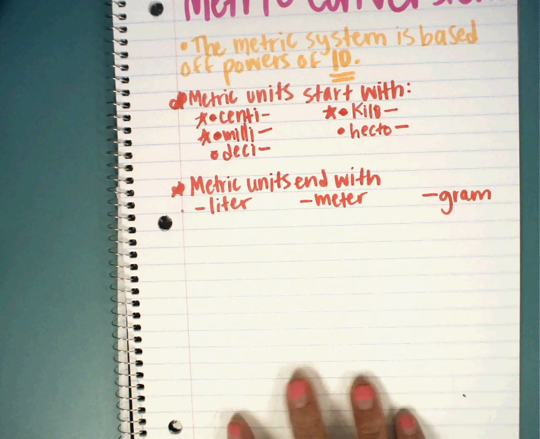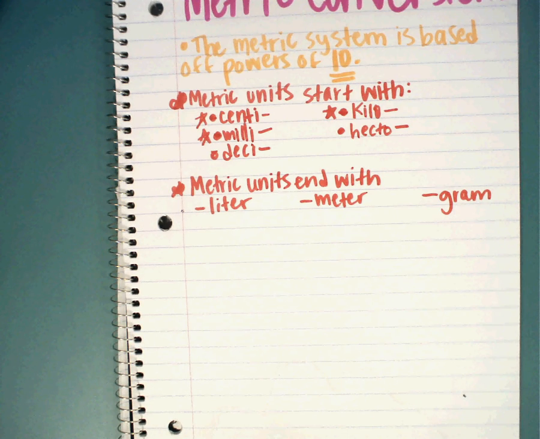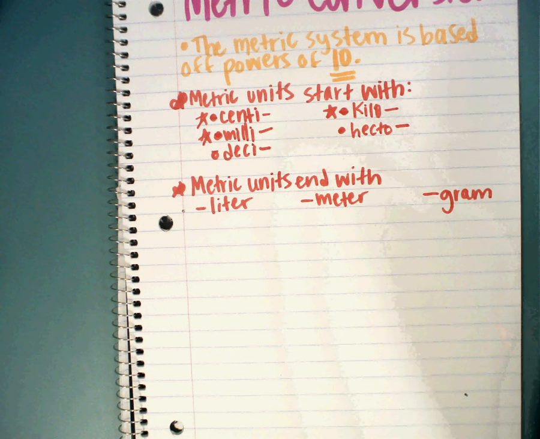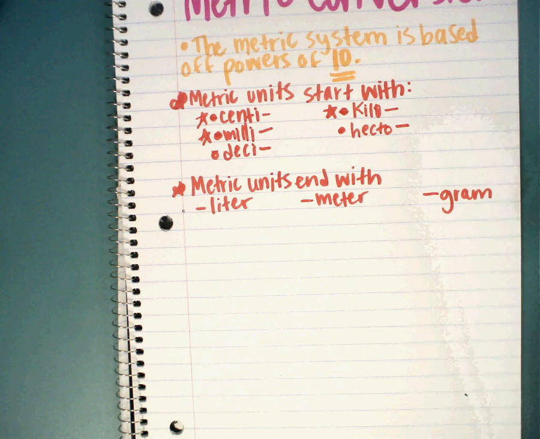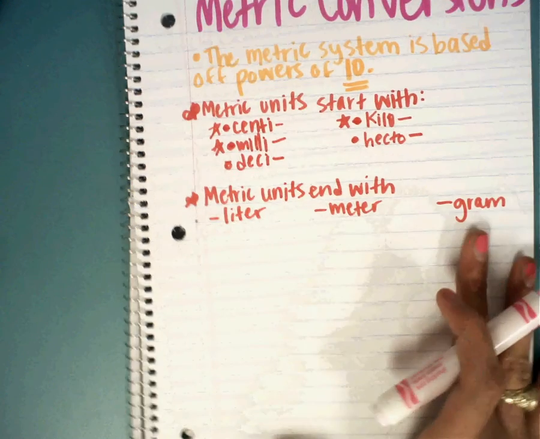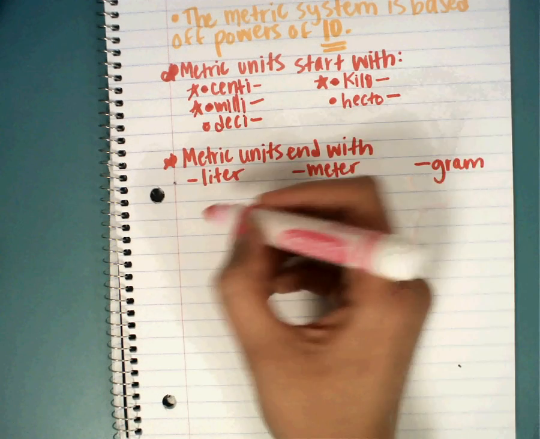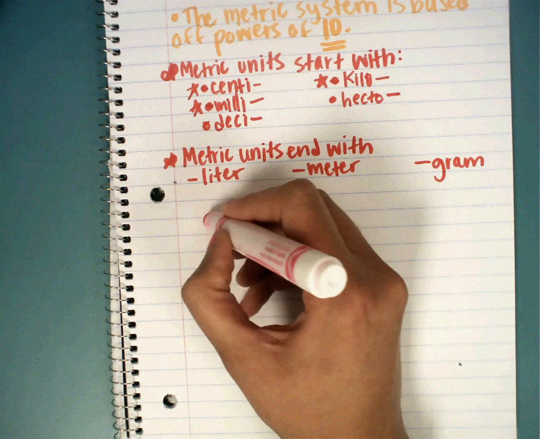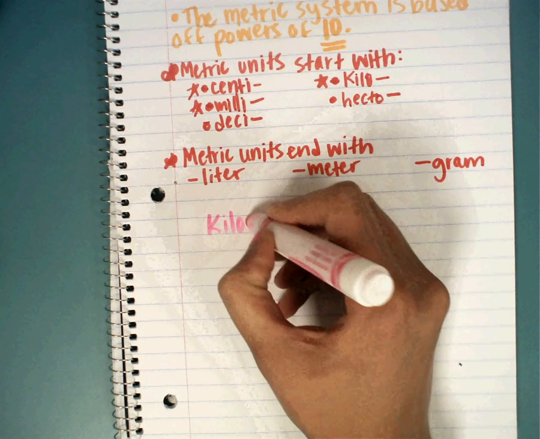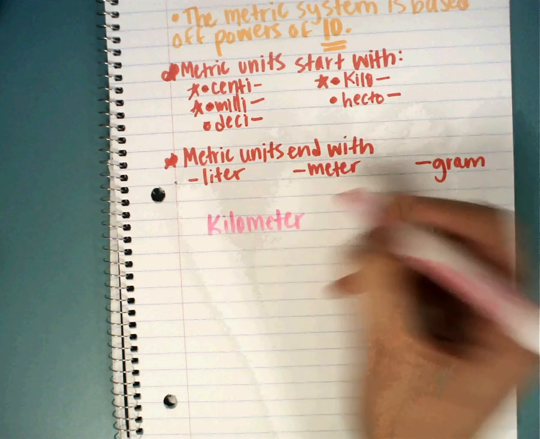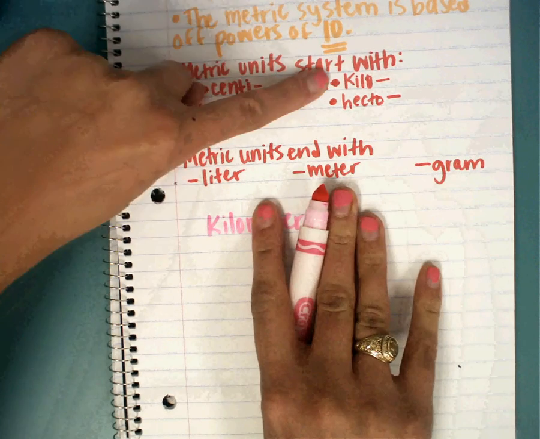So let's get down to business. This is the order of how they go from greatest to least, okay? So we have the ones that I want you to focus on. Let's do meters, but it goes for liters and grams as well. The biggest one would be a kilometer. Do you see the combination right there? I've got kilo and I've got meter.